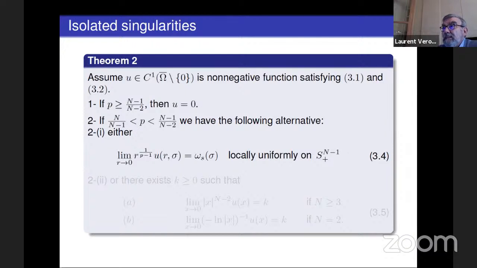Because the nonlinearity has exactly to be known. For example, we can replace u to the p by some function g of u, which behaves like u to the p when u goes to infinity. So I believe that in that case, for positive solutions, you can have, by scaling technique, the same type of characterization of solutions converging to a solution of strong type.